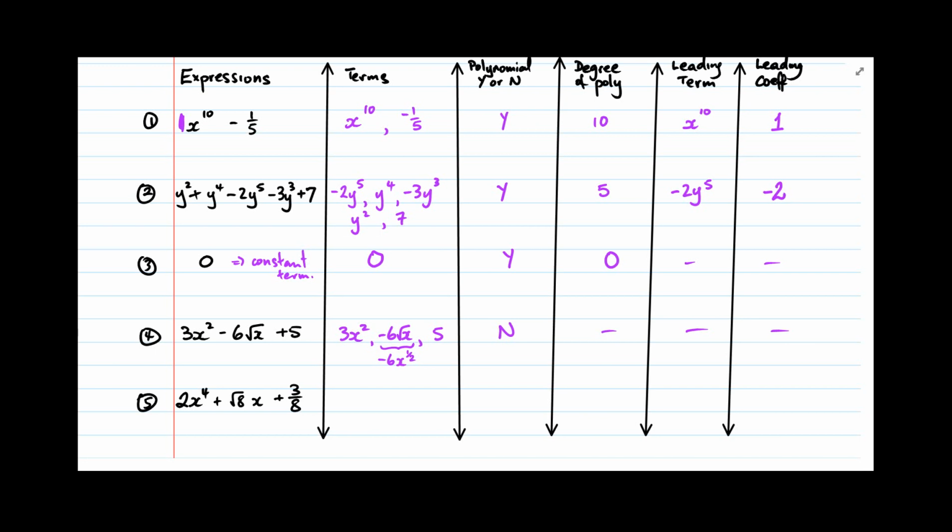How about number 5, where I see a square root also? Does that already mean that it is not a polynomial? Let's look at the terms. The terms are 2x to the 4th, root 8x, and 3/8. This is a polynomial. The root 8 is just some number times x.